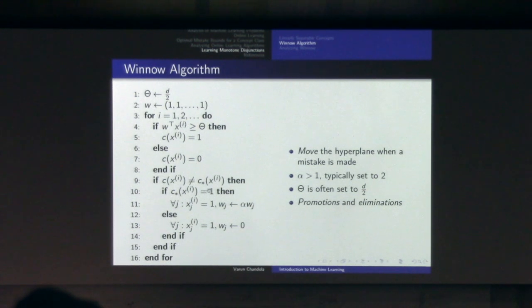The next thing it does is it checks if it has made any mistakes. So this is the actual label, and this is what you predicted from here. If they match, then you don't do anything. That means you're fine. But if it doesn't match, then you update your weights. Now you update your weights in 2 ways. Depending on the true label, if it was positive, then you bump up the weights of all those entries for which the input instance was 1, and I'll come to the details a little later.